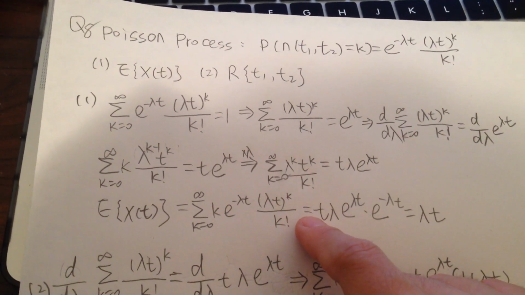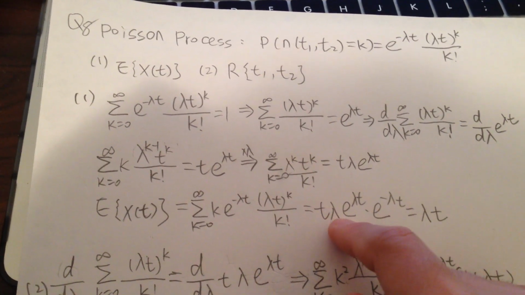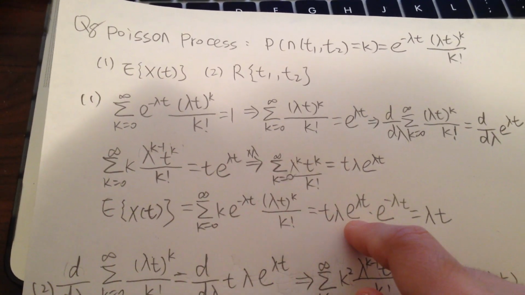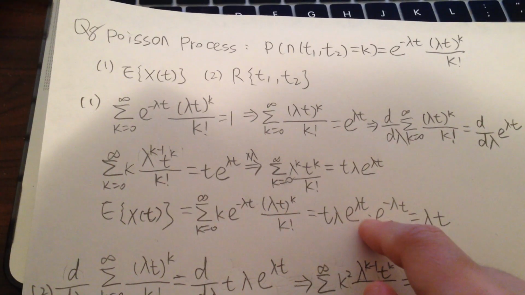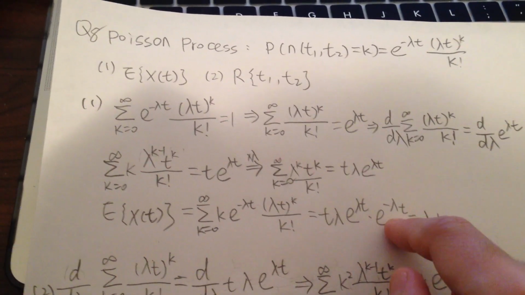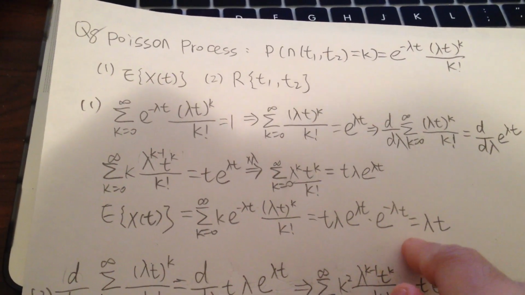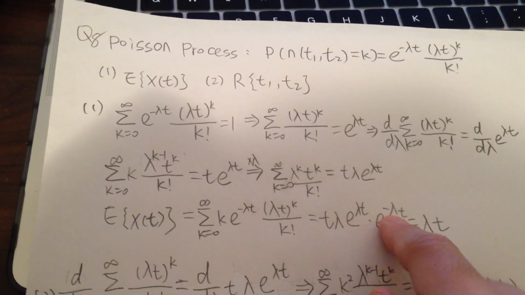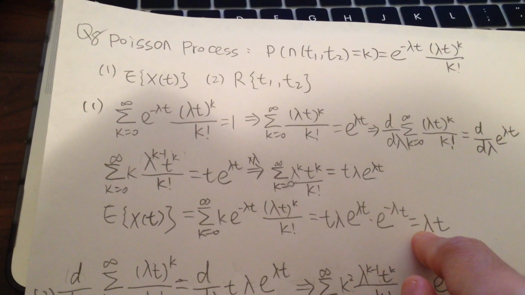This equals t times lambda times e to the power of lambda t times e to the power of minus lambda t, and this answer equals lambda t.